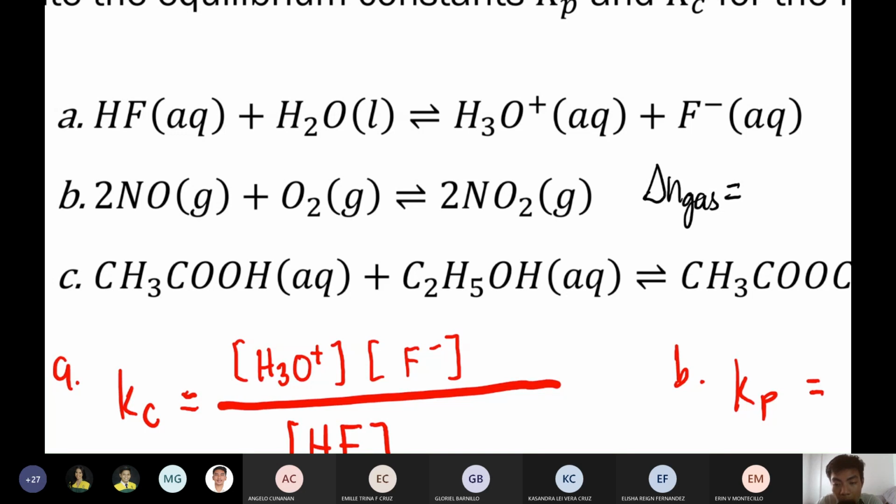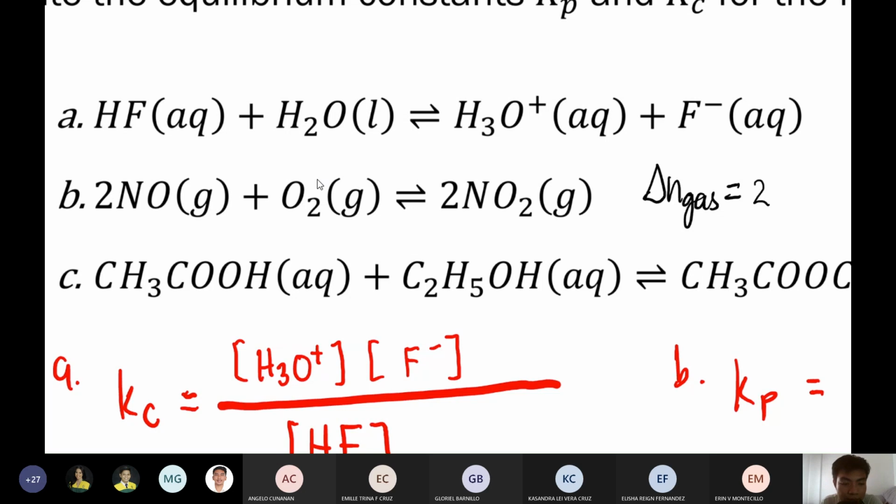So, that is product minus reactant. No? The moles of gas in the product minus the moles of gas in the reactant side. So, how many moles of gas do we have in the product side? Tignan mo. Bilangin natin. Dalawa. Dalawa lang. So, 2 moles of gas in the products.